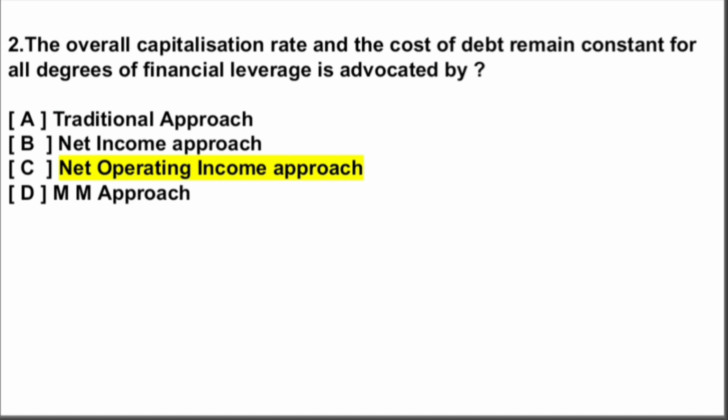Because of this there would be an increase in the cost of equity. So the benefit of the use of debt is exactly offset by the increase in the cost of equity, or the capitalization rate of equity.